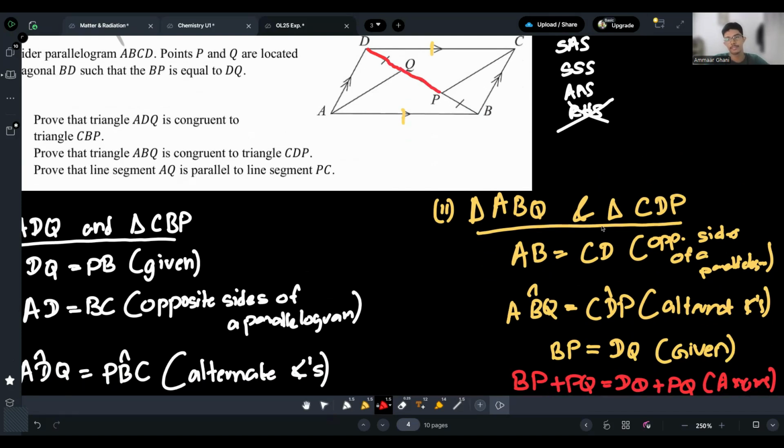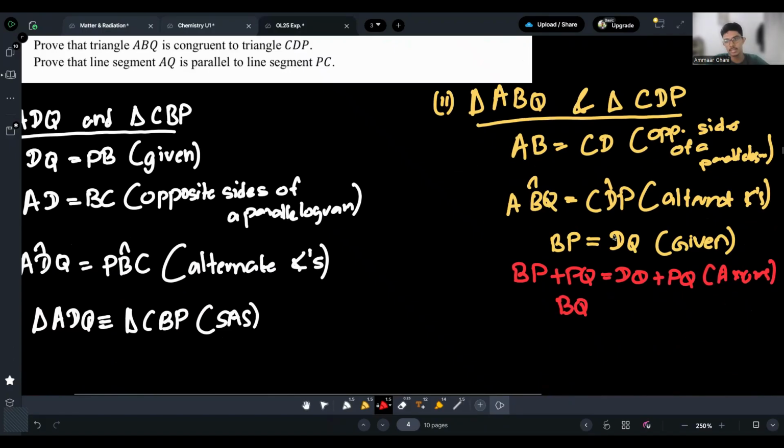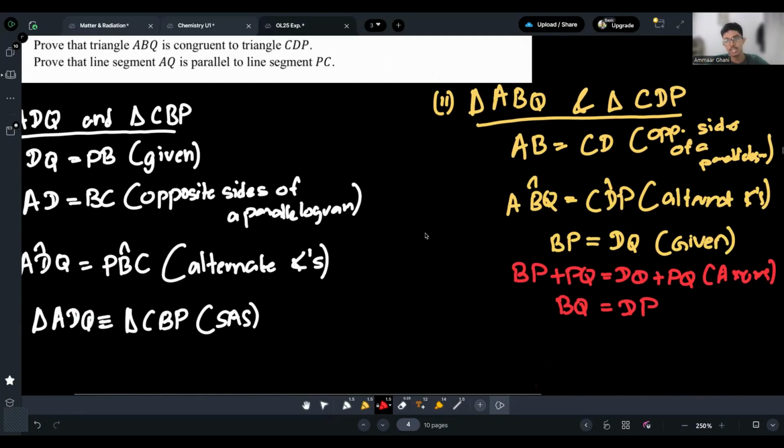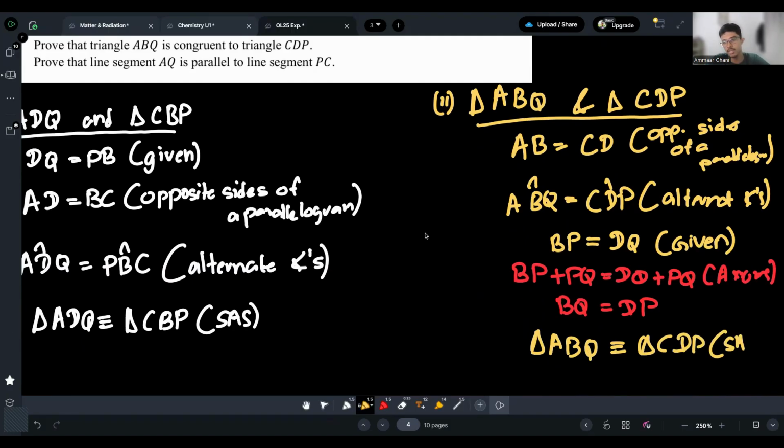It's DP. Okay, so now you have one side which is equal, an angle which is included in between the sides, and another side which is equal. So you can then finalize and tell triangle ABQ is congruent to triangle CDP using the congruency case SAS.